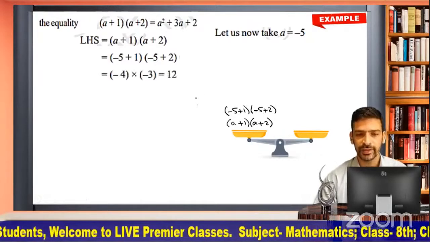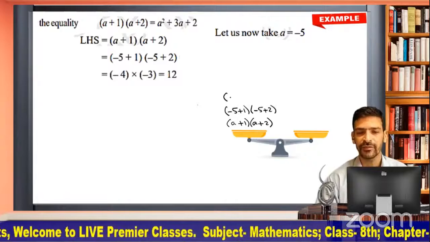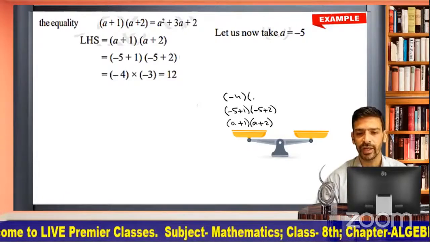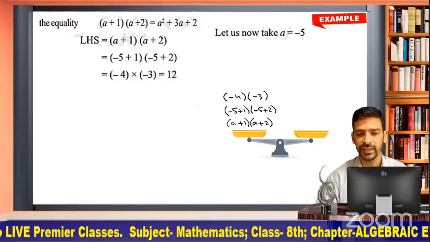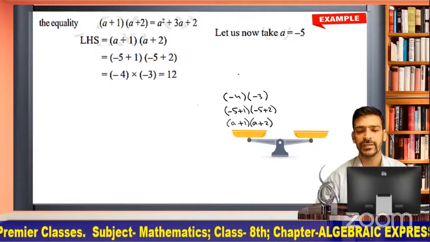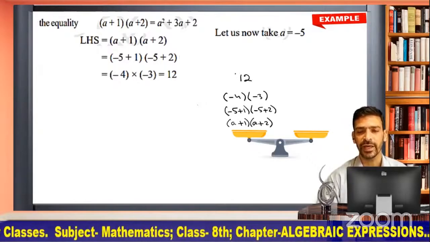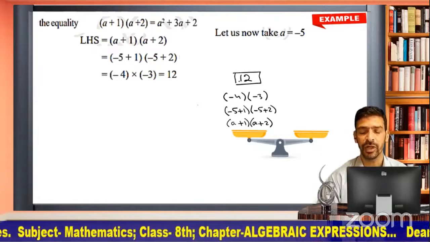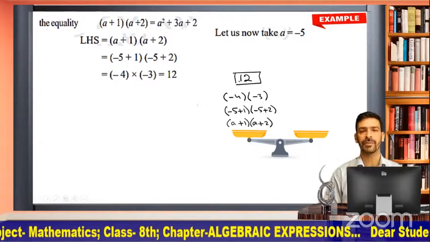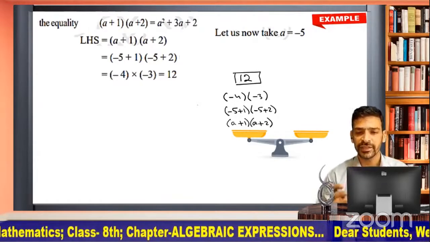Moving ahead, -5 plus 1 is -4 and -5 plus 2 is -3. 4 threes is 12 and minus times minus turns out to be positive. So our left hand side yields the result 12.